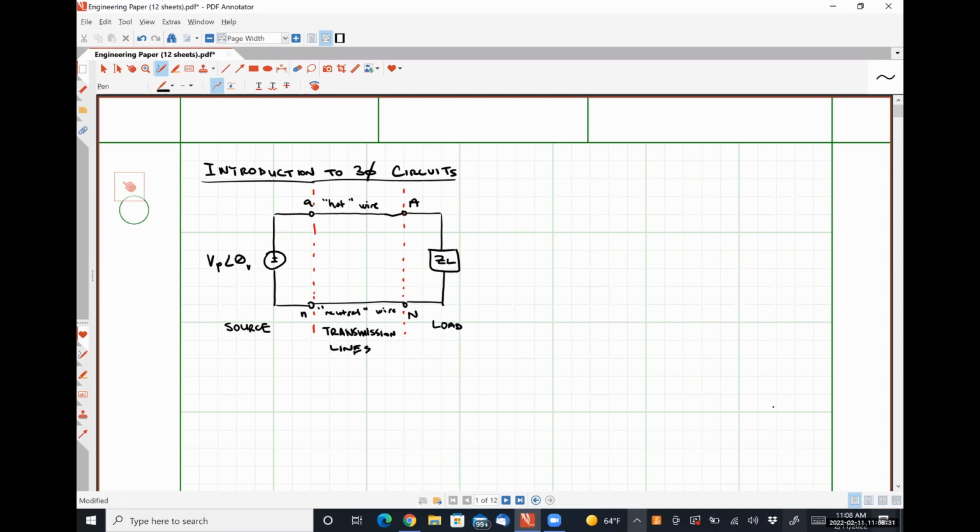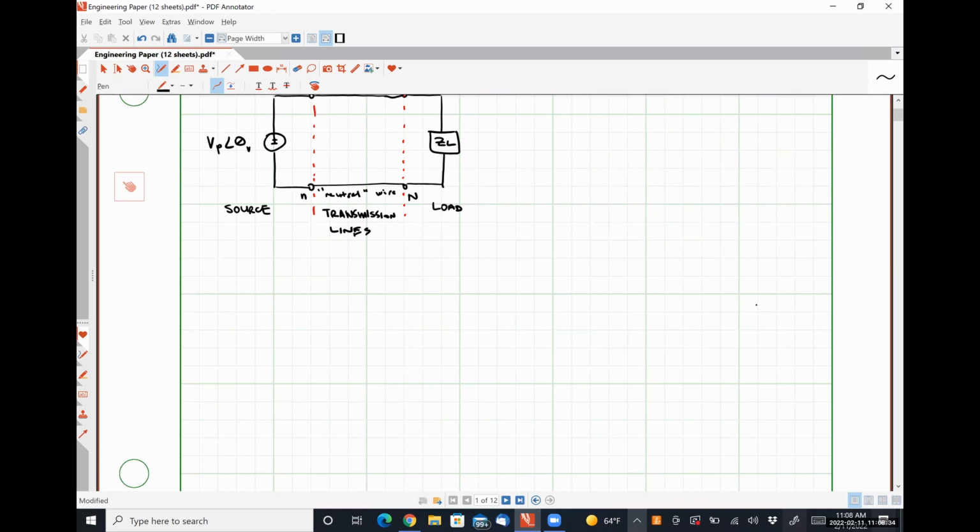So in a three-phase system, it might look something like this.